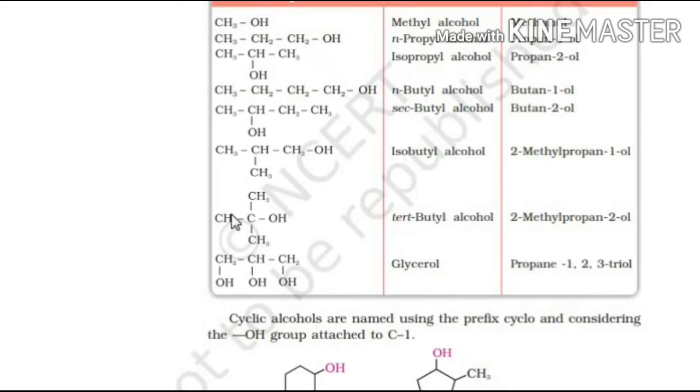We can select this chain because it also has the OH group, and we can select this chain too. You can select any chain and the name will be the same in each case; you can check it. So I am selecting this chain, and at the second position there is a methyl group, so 2-methylpropane-2-ol.